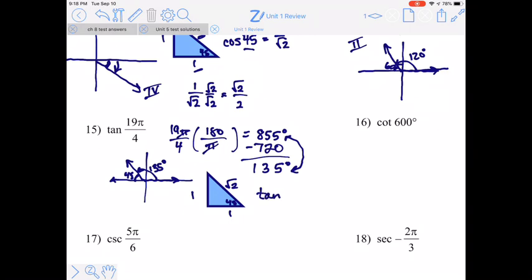So tangent of the reference angle 45 is equal to opposite over adjacent. But since we're dealing with tangent in the second quadrant, only the sine and cosecant stay positive. Everything else is negative. So if the tangent of 45 degrees is positive 1, then the tangent of 135 degrees would be negative 1. So the tangent of 19 pi over 4 is negative 1.